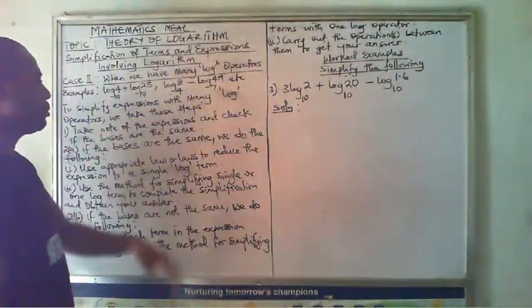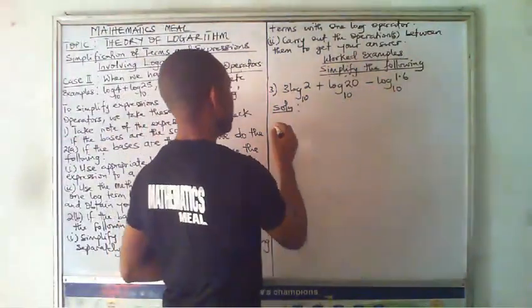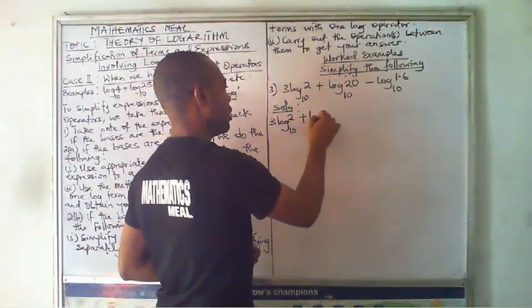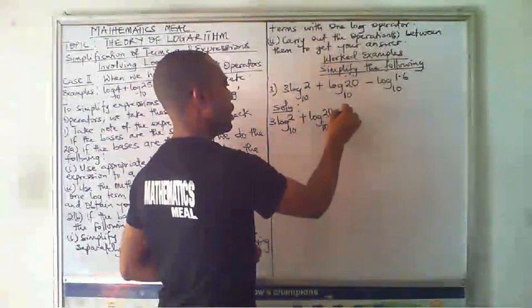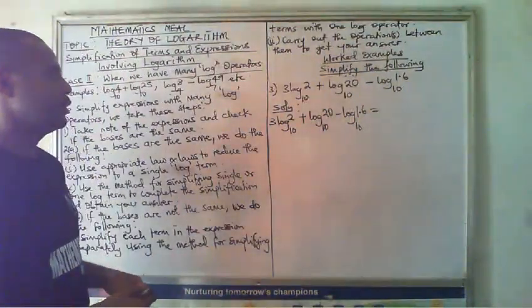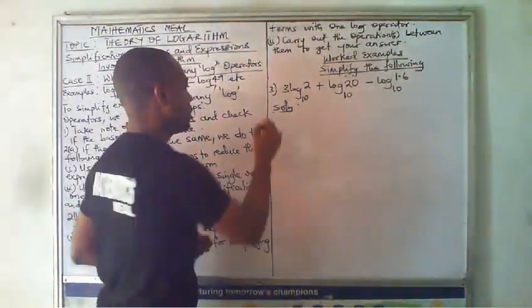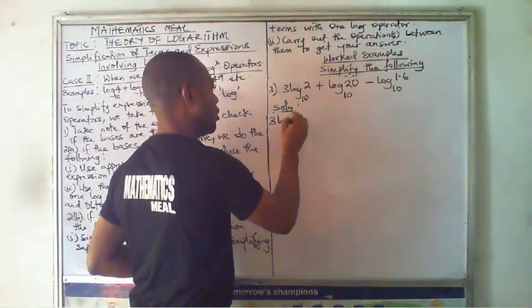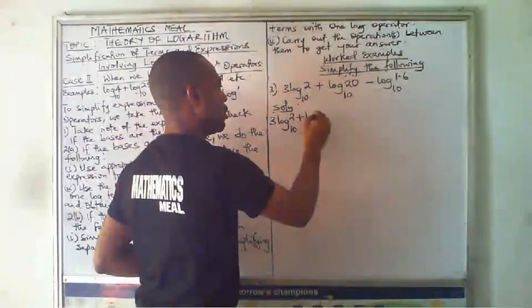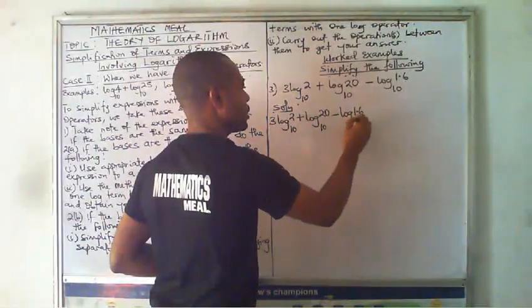They say take note of the expressions and check if the bases are the same. We have checked that base 10, base 10, base 10, they are the same. So 3 log 2 base 10 plus log 20 base 10 minus log 1.6 in base 10.